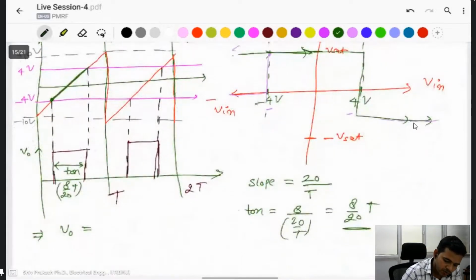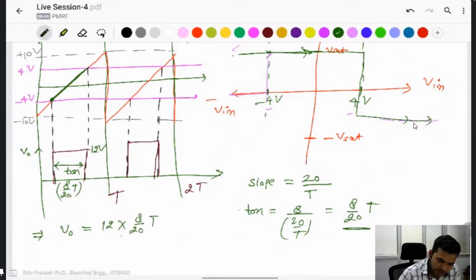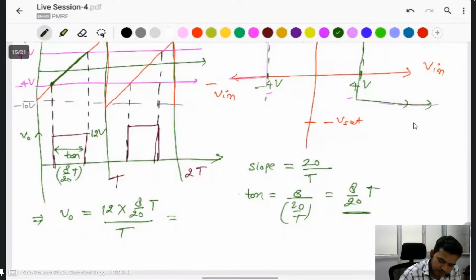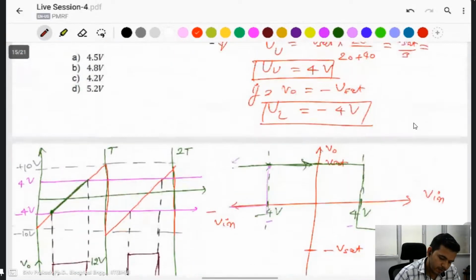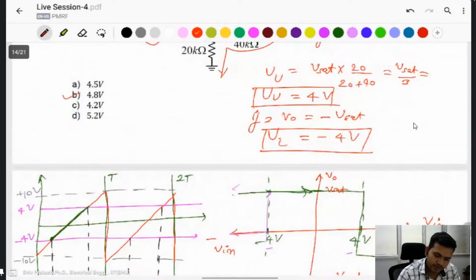That's why this one is 12 volt. And 12 volt into the time period present, 8 by 20 T divided by the total time period, is the average. That gives 4.8 volt in the output. Option B or C.